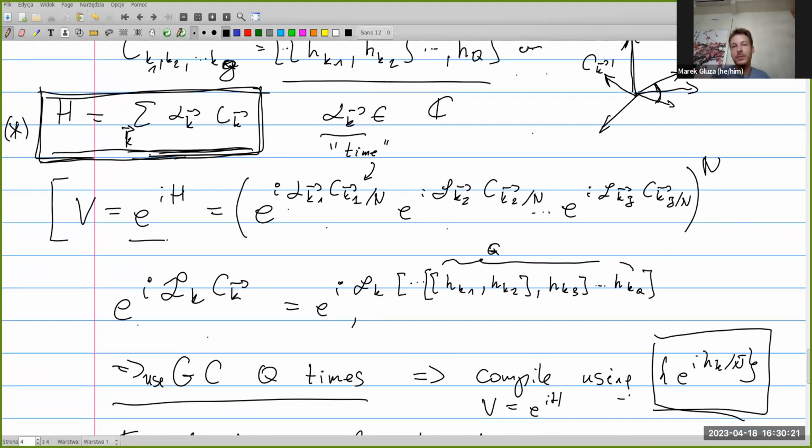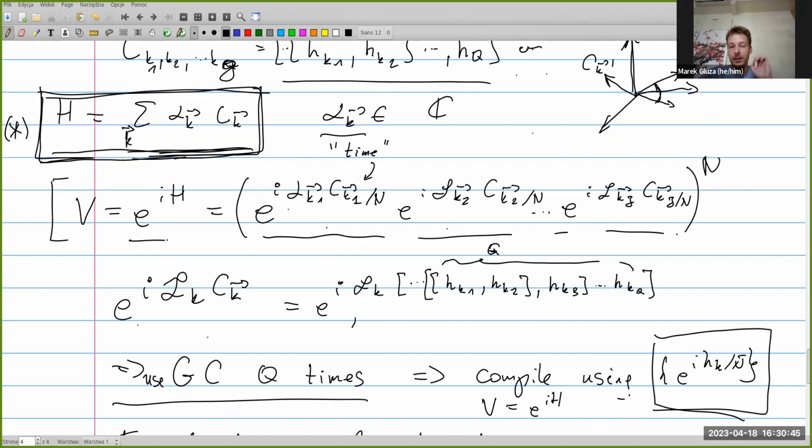I have to know precisely what my entangling operation is in order to be able to specify some order, how to order those group commutators, and how to get my compiling straight. In the scheme that I described, but in general also like that. So there are good and bad messages.